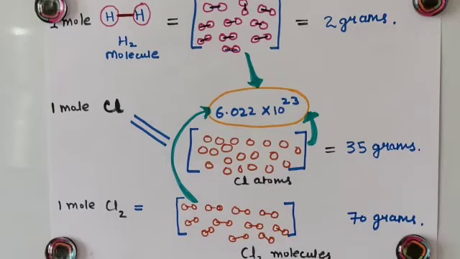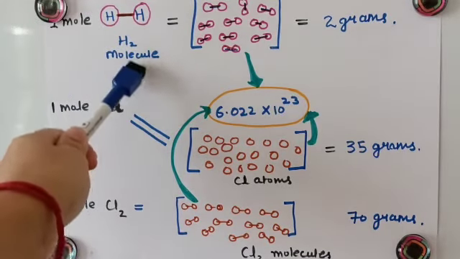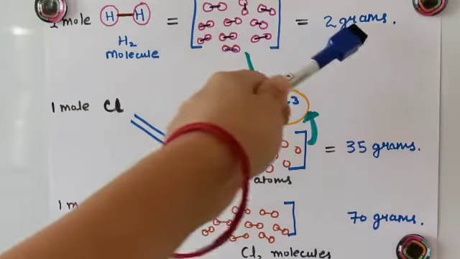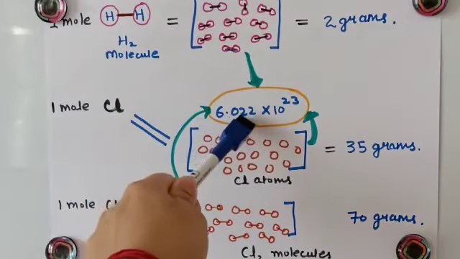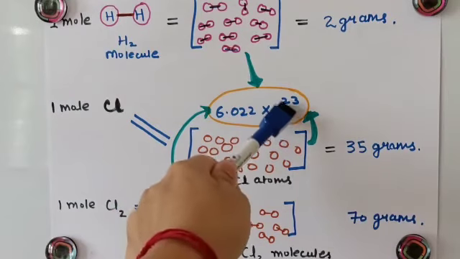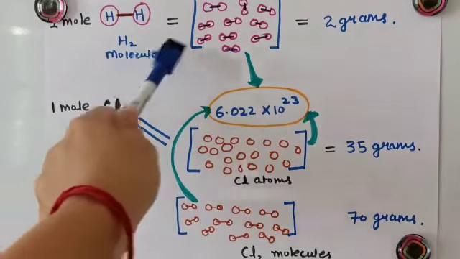Now we know that whatever the sample will be, 1 mole of any substance is equal to 6.022 into 10 to the power 23 elementary particles, that is atoms or molecules. As mentioned on the board, 1 mole of H2 molecules will equal 2 gram, and it will contain 6.022 into 10 to the power 23 molecules of H2.